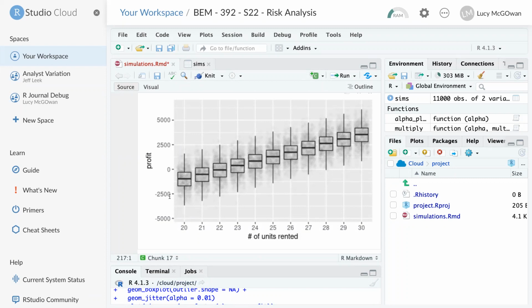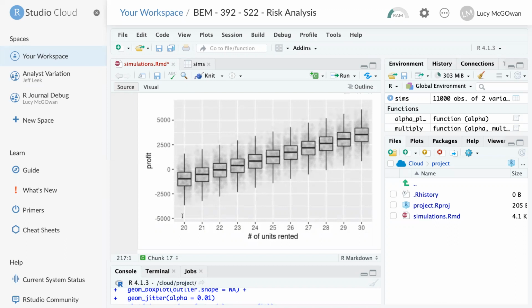So for example, if I truly thought that I was only going to rent 20 units, the majority of the mass of this function here is below 0, which is not great. So that means if we only rented 20 units, we're probably going to lose money with high likelihood.